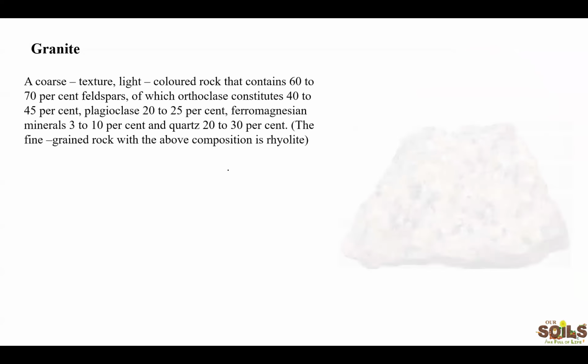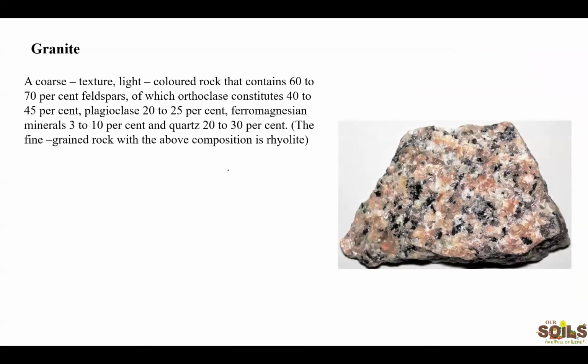Now granite. Again I am telling you, rocks are made up of combinations of different minerals. That's why in granite we can see a coarse texture, and a light colored rock consisting of 60 to 70 percent feldspar, of which orthoclase is 40 to 45 percent and plagioclase 20 to 25 percent, ferromagnesian minerals 3 to 10 percent, and quartz 20 to 30 percent. If, with the same combination, it is fine grained, it is called rhyolite.